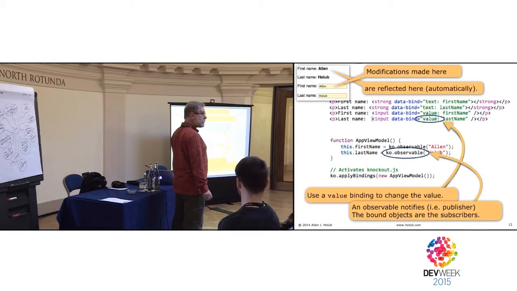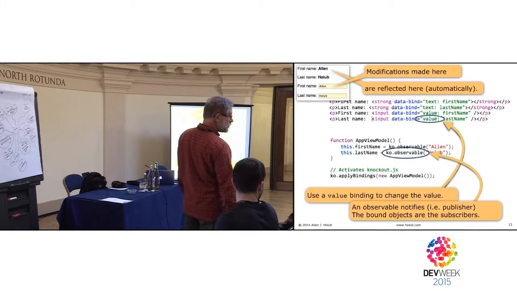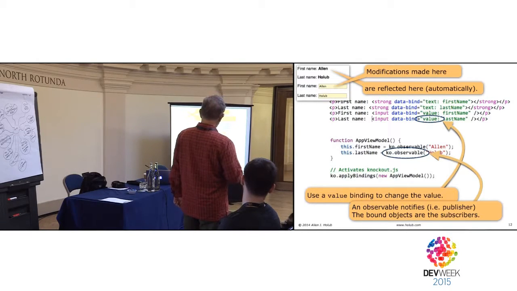Okay? In this example, if we modify the model on the client side, like through JavaScript, would it affect the UI? Yeah. If you grab it and set the first name using JavaScript, it'll update.